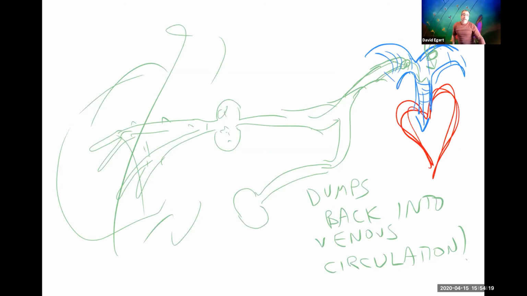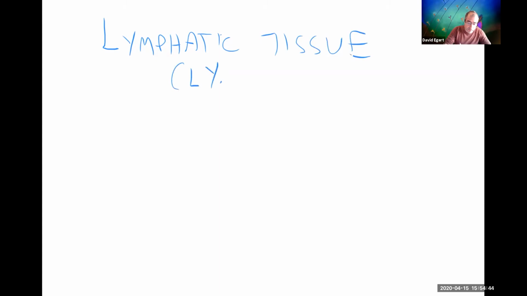So that is that. Now what I want to talk briefly about is what is going on in a lymph node. So before I can talk about what's going on in a lymph node, we need to bring up the idea of lymphatic tissue, also called lymphoid tissue. It's basically a lot of these white blood cells involved in your immune system.